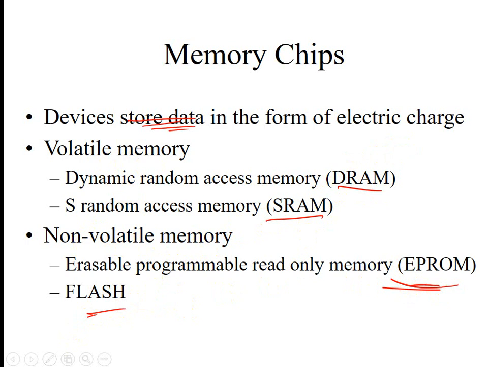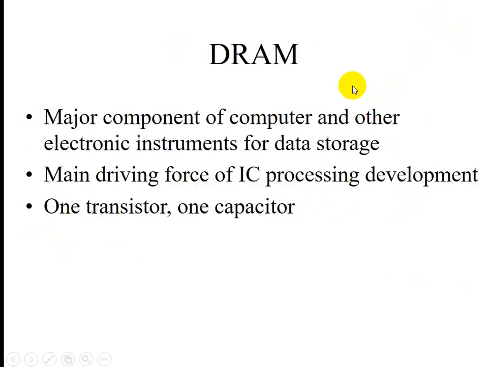If you play around with microprocessors, you know what EEPROM and flash memories are, and you use a lot of DRAM on your computers. What is the DRAM? DRAM is a major component for computers and other electronic instruments for data storage. It's the main driving force of IC process development.